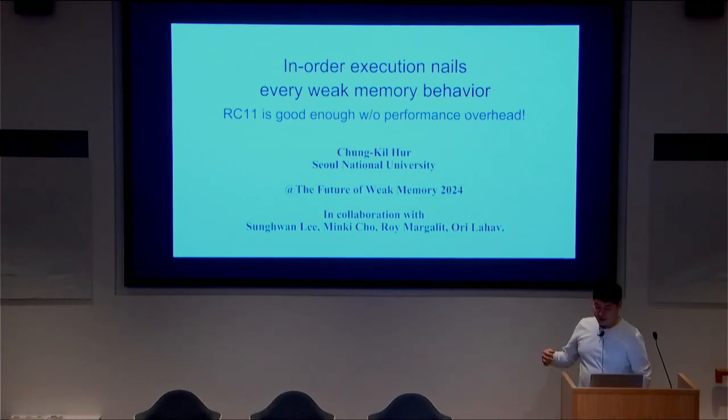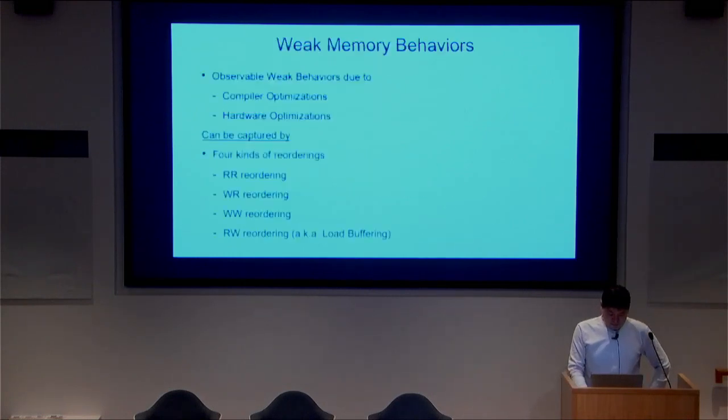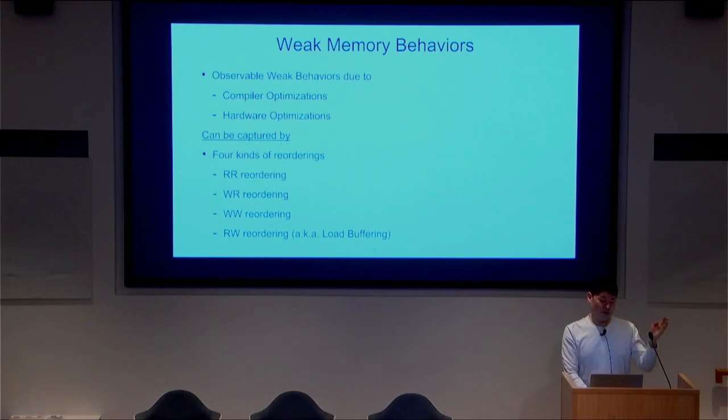So the subtitle is that RC11 is good enough without performance overhead. It's the same line as Stefan's talk this morning, basically the same direction. First, weak memory behaviors can be caused by many compiler and hardware optimizations, but I think they can be captured at a high level by 4 kinds of reorderings: read-read, read-write, write-read, and write-write. The read-write reordering is called load buffering.